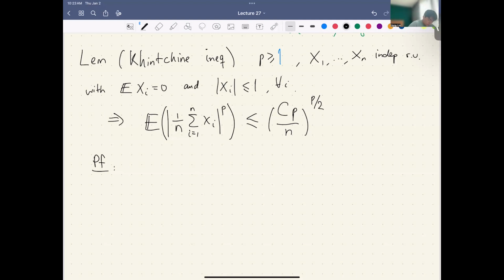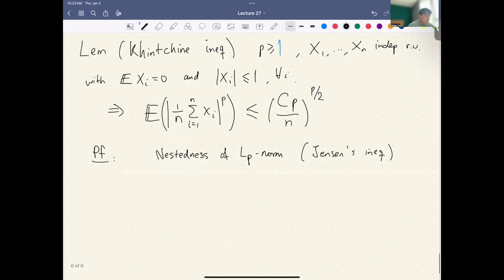The first thing is nestedness of the LP norm, which follows basically by convexity, Jensen's inequality.